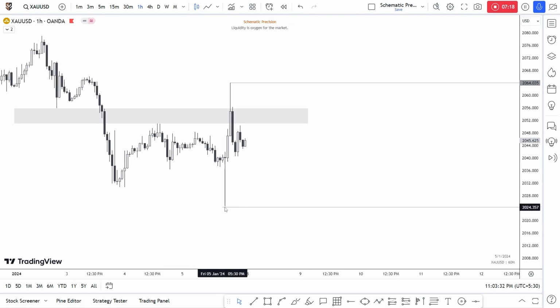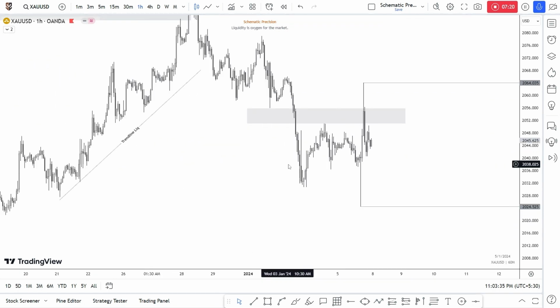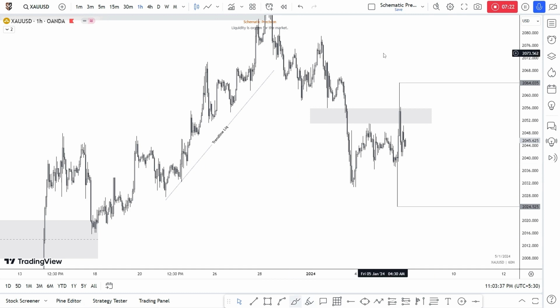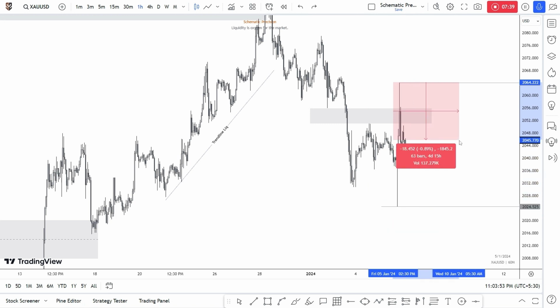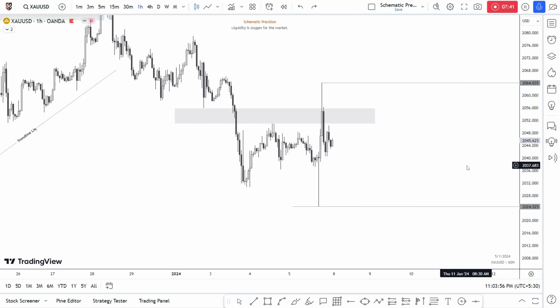Right now, we are in a ranging market, as you can see. After this drop on the 2nd of January, I guess, market has been ranging in this big area only, which is a big range. It is approximately a $40 range. So I'll suggest you to wait for some time before making any decisions on gold.